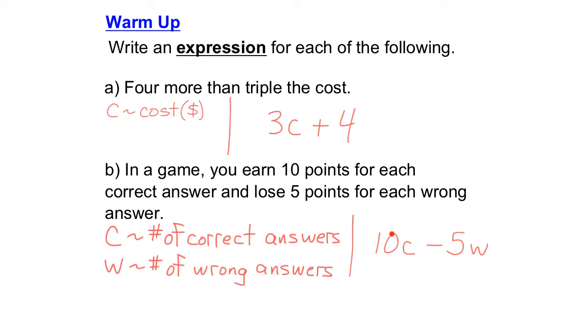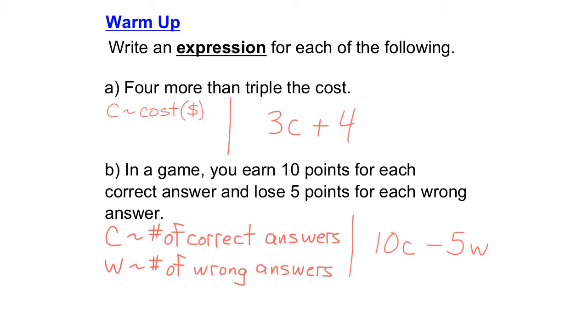That's up 10C. And you lose 5 points for each wrong answer, so you go down 5 for every wrong answer. So 10 times the number of correct answers minus 5 times the number of wrong answers. That's just to summarize the ideas about writing expressions that we covered in the last lesson.